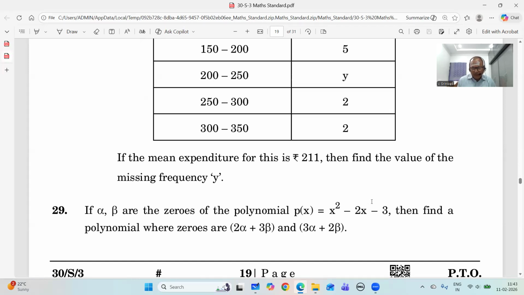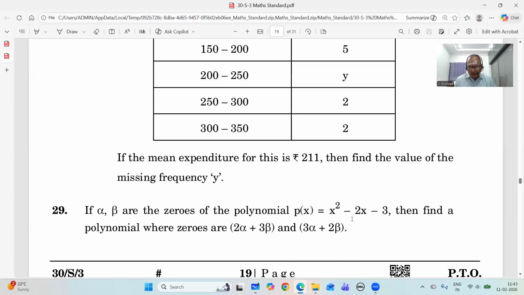So that helps us factorize this. From that, we can get alpha and beta. Once we know the values of alpha and beta, we can calculate 2 alpha plus 3 beta and 3 alpha plus 2 beta. And if these are gamma and delta, the corresponding polynomial will be x minus gamma into x minus delta. Okay, so let's look into the working.